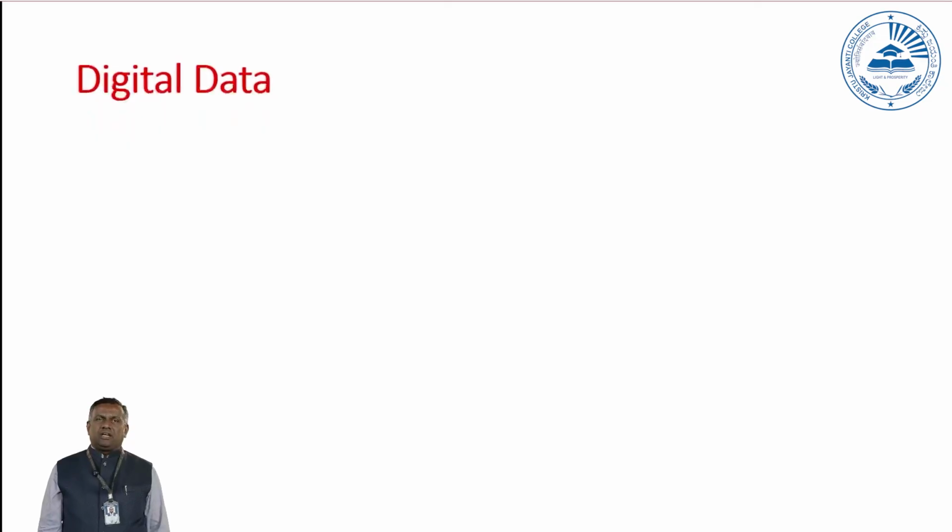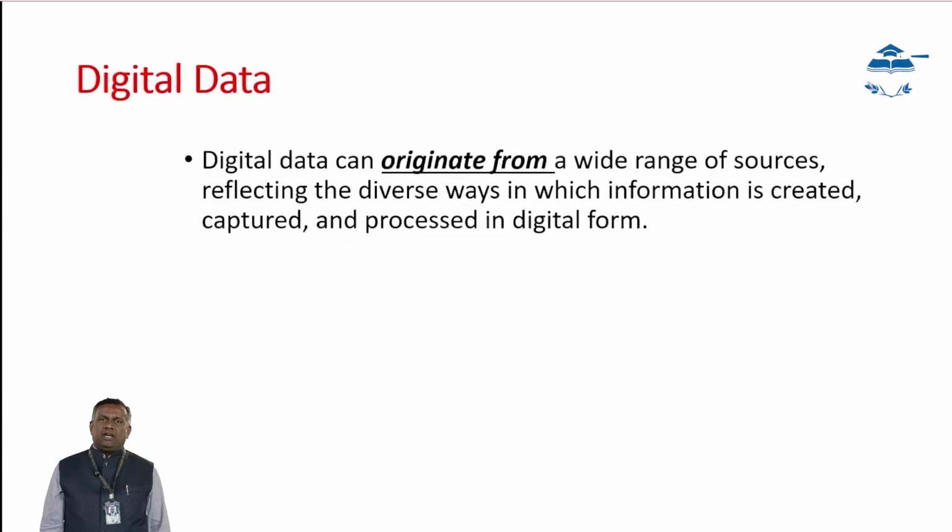What is digital data? Many researchers and scholars have identified digital data as data which originates from a wide range of sources, reflecting the diverse ways in which information is created, captured, and processed in a digital form.